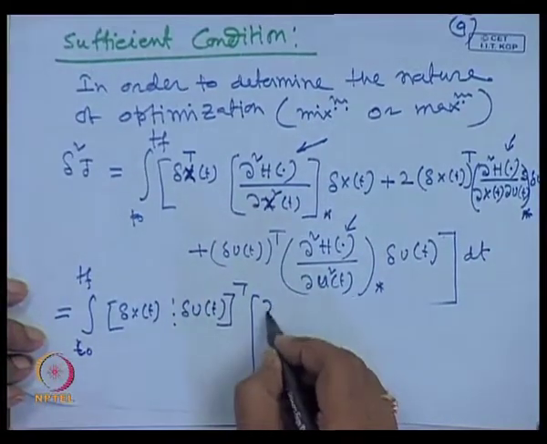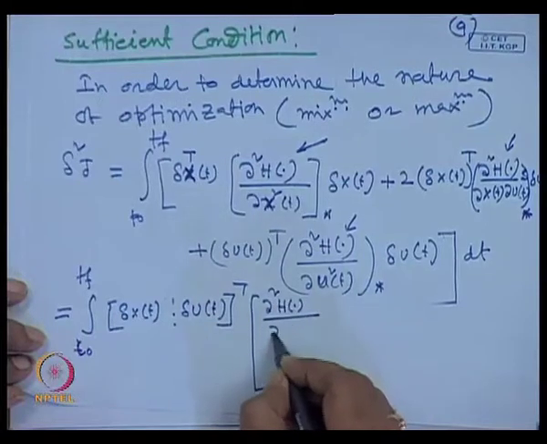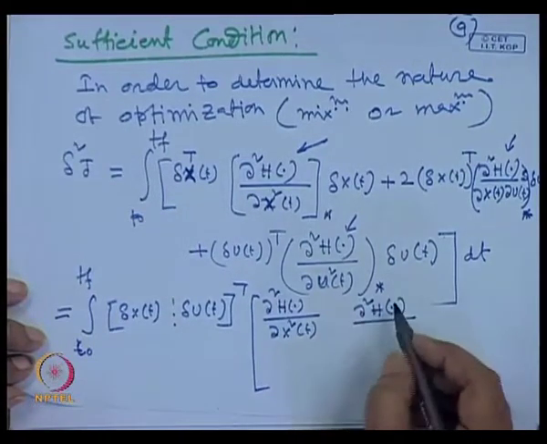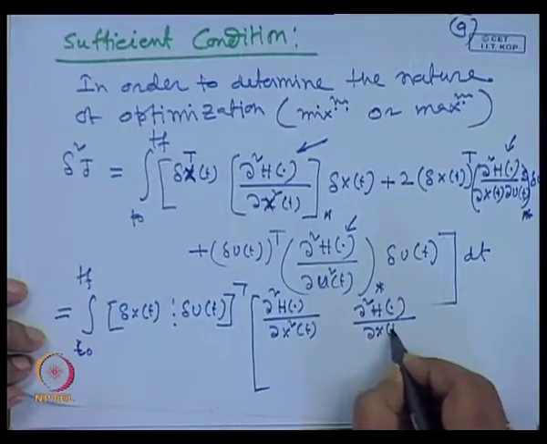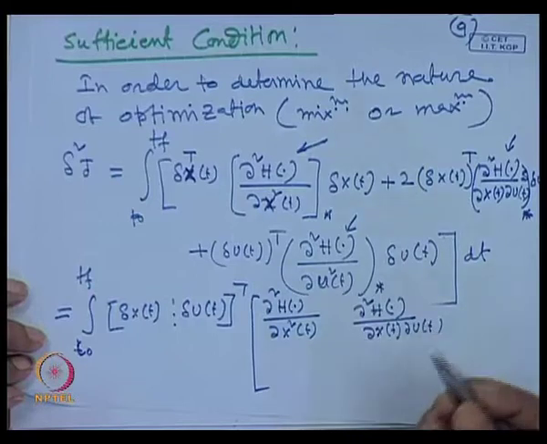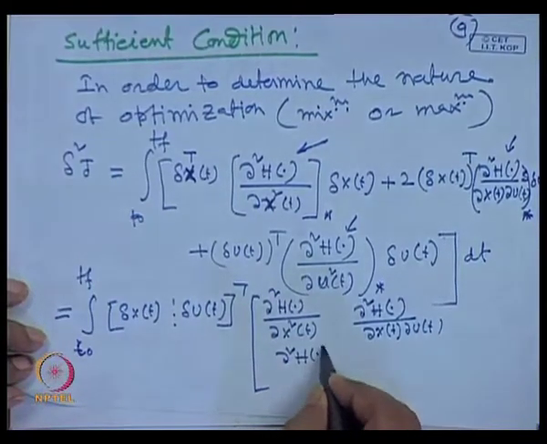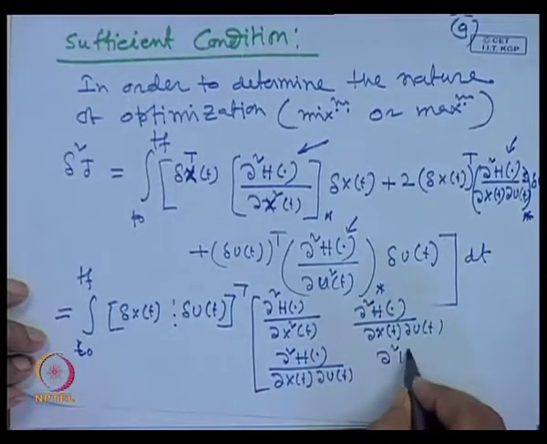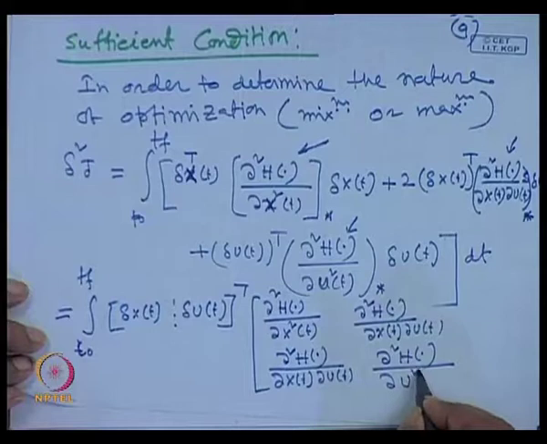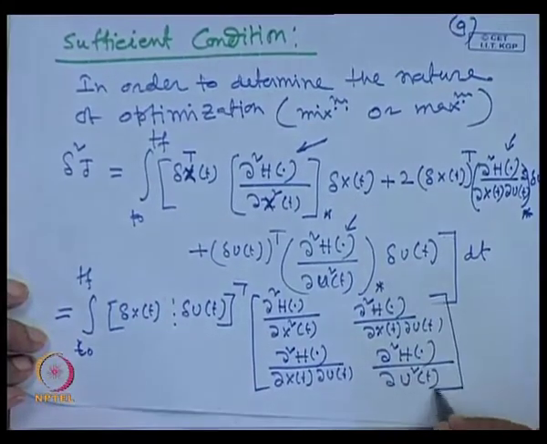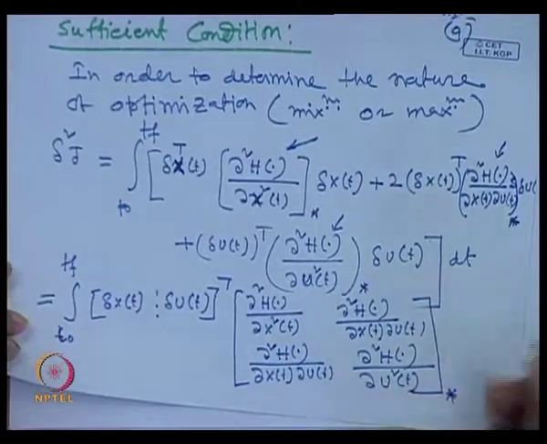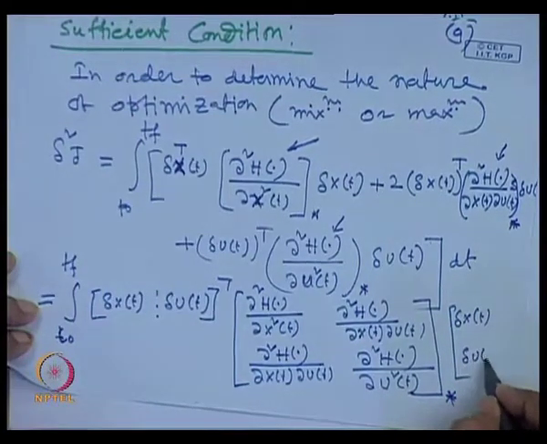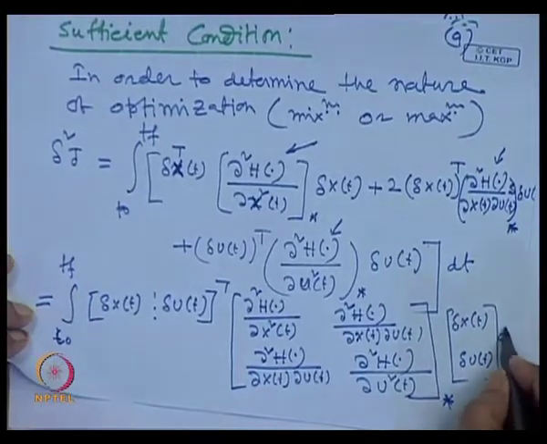So you have the second derivative of H with respect to x squared, the mixed derivatives with respect to x and u, the order can be changed and the results are the same, then the second derivative of H with respect to u squared, all evaluated along the optimal trajectory, multiplied by delta x(t) and delta u(t), and then integrated with respect to t.